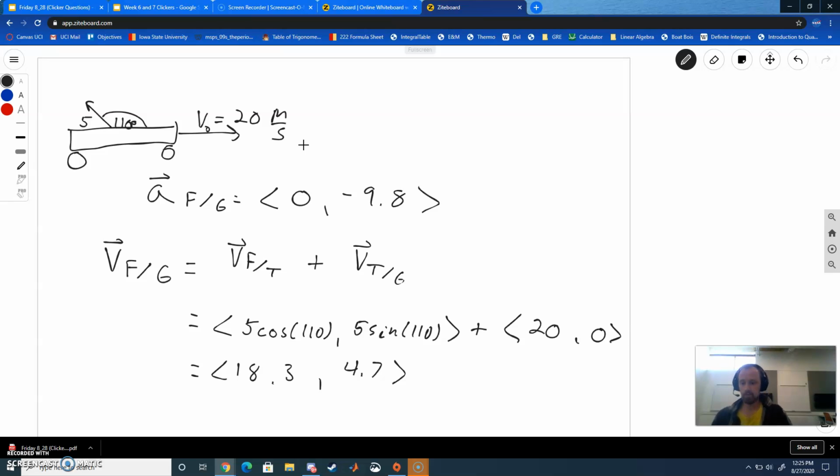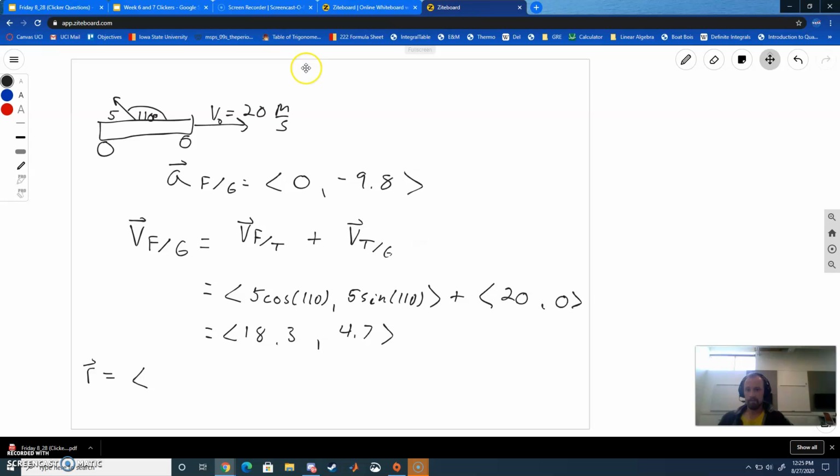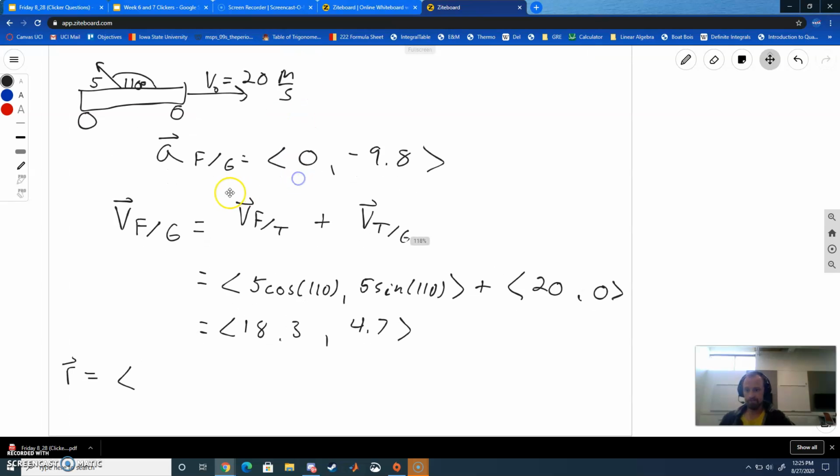And then finally, we want the position vector of the frog. If we say they start at the origin, so at t equals 0, y equals 0 and x equals 0, we kind of have all the pieces right here.